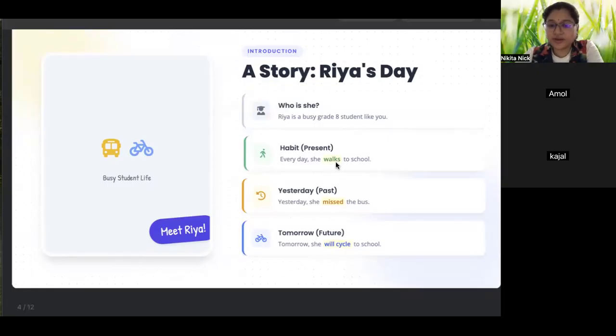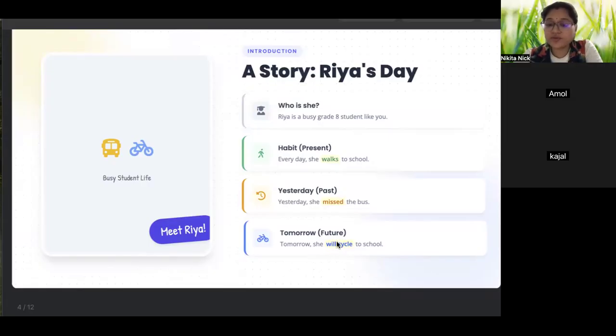So what is it here in the green word, Pooja? Walks. Present. Very good. And for yesterday, Kajal? Missed, the ed form. And for future, Pooja? Will cycle.